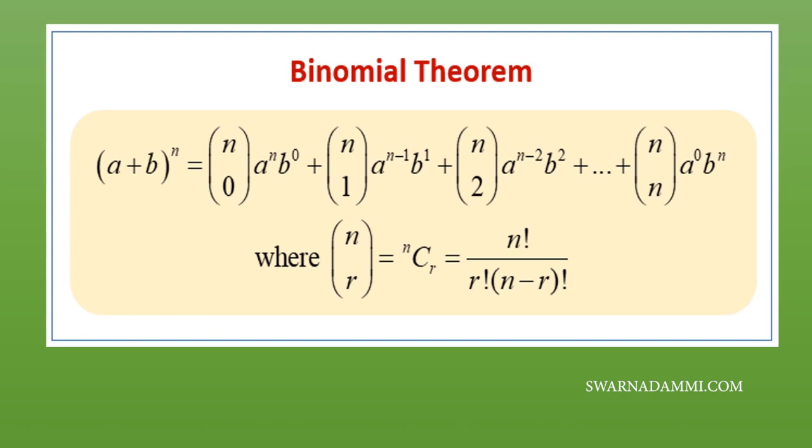Further, we need to use the formula to simplify nCr, that is giving us nCr equals n factorial divided by r factorial times n minus r factorial.